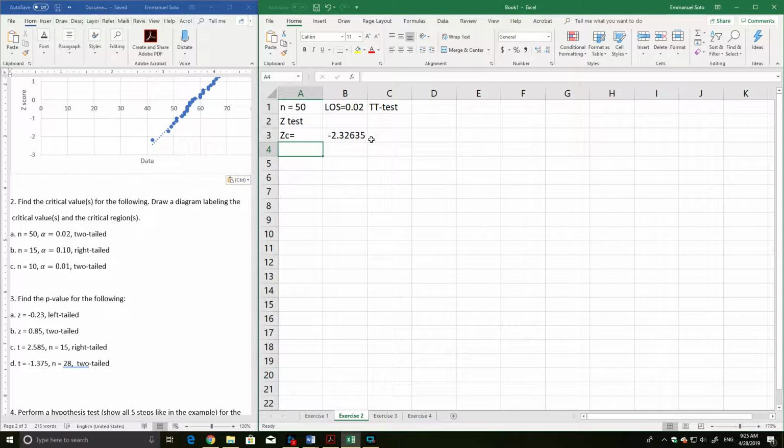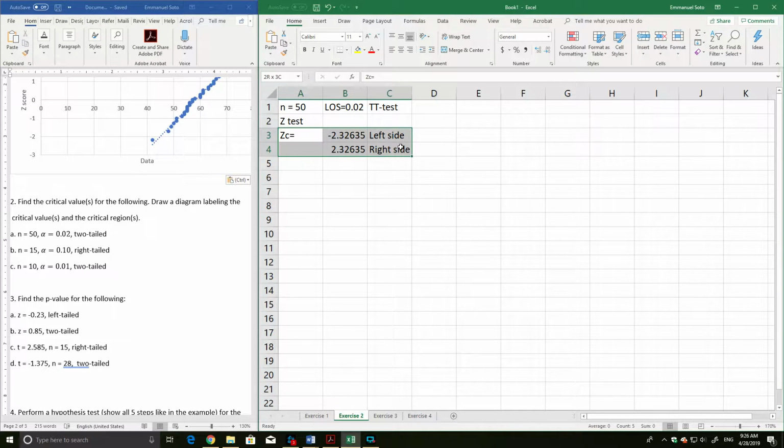So this is going to be for the left side. And if we want the right side, we do the same thing, but 1 minus. So we do the 0.02 divided by 2, but 1 minus, and that will give us the right side. Notice that we have 2 critical values, and they're the same thing, but plus or minus.